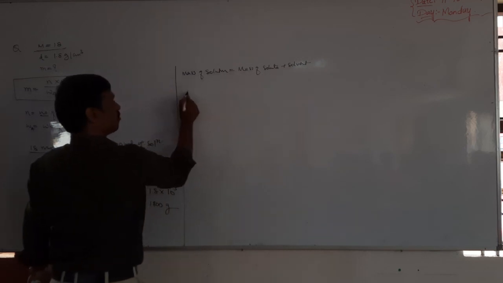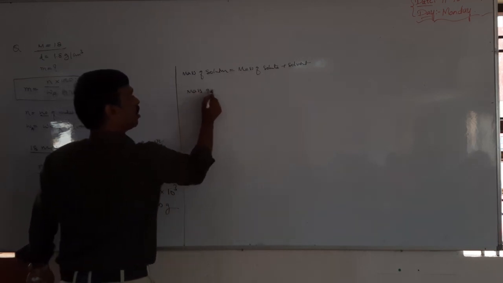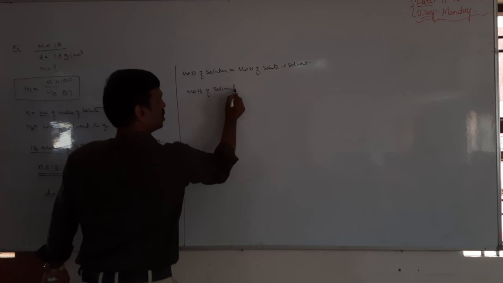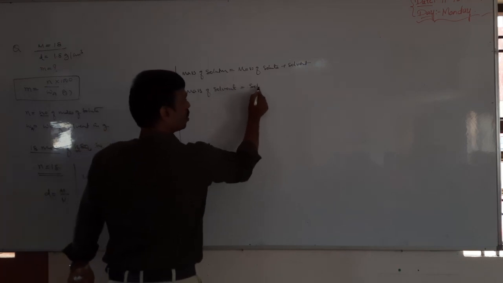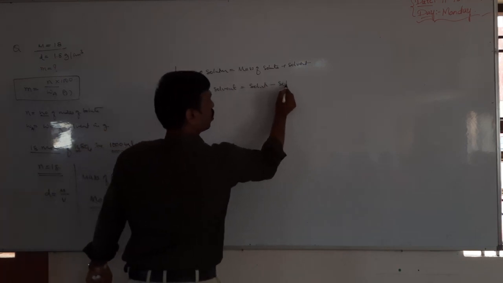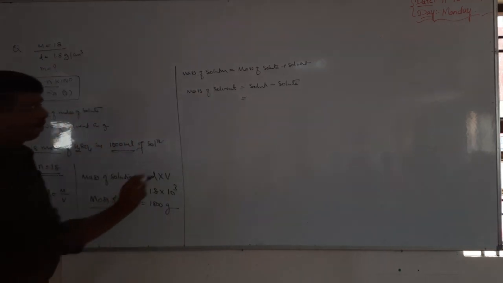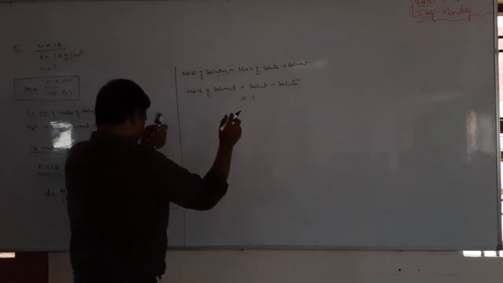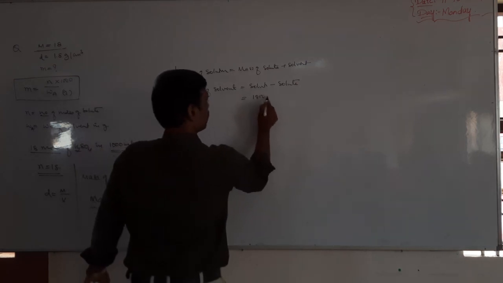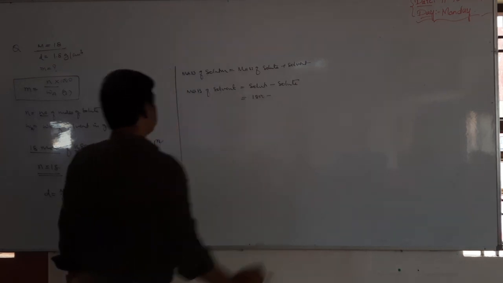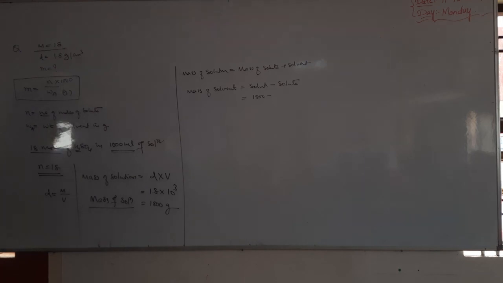We want the mass of solvent, which equals solution minus solute. Solution we got is 1800, minus solute. Solute is not given directly but indirectly given.